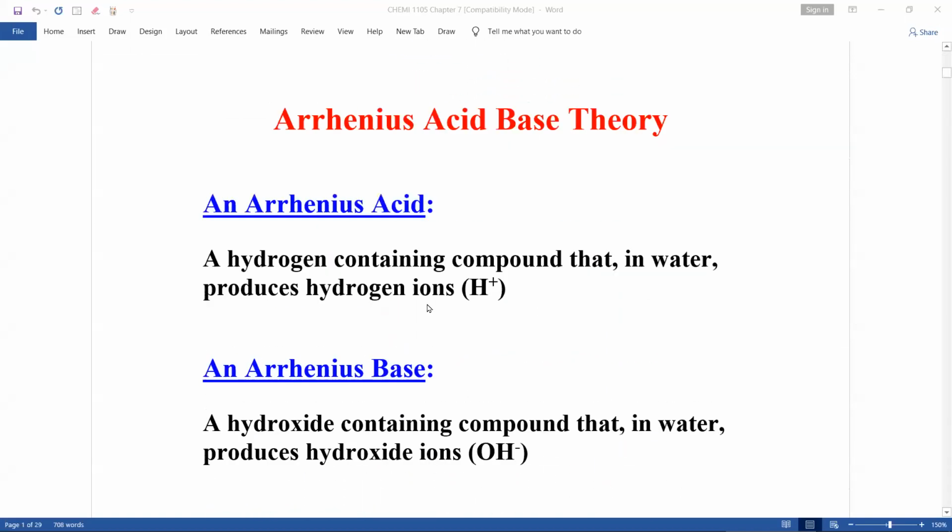About 100 years ago, a chemist named Arrhenius came up with an acid-base theory. An Arrhenius acid is a hydrogen-containing compound that in water produces the hydrogen ions, H+.